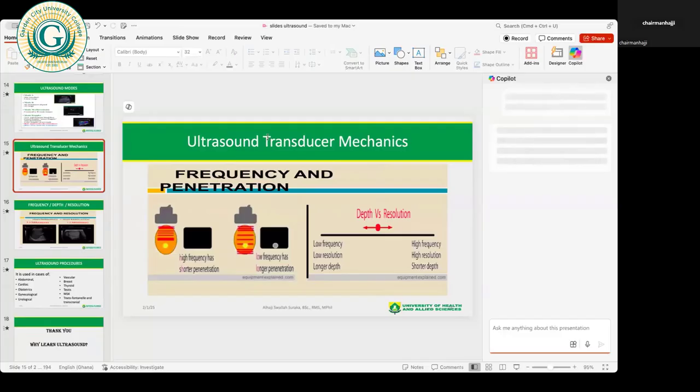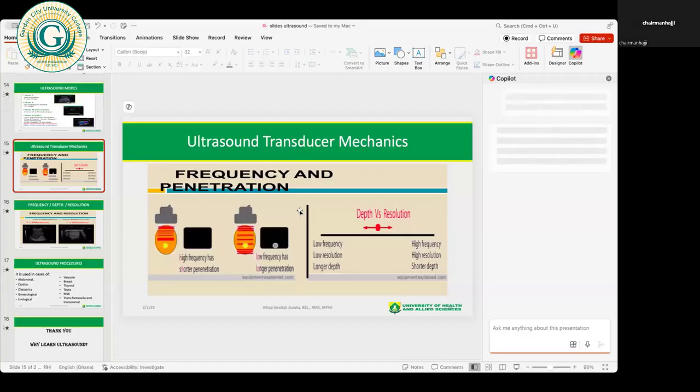When we look at the beginning of the lecture, we were describing ultrasound to be frequencies between 2 megahertz and 15 megahertz for diagnostic purposes. These frequencies detail or specify the type of probes you would be using. So we have different kinds of probes, and they all come with their various frequencies.